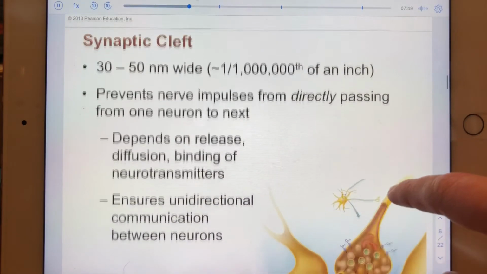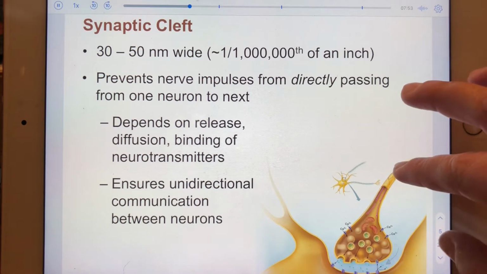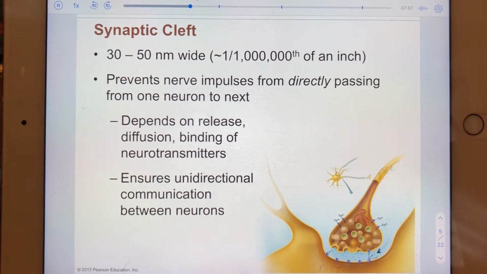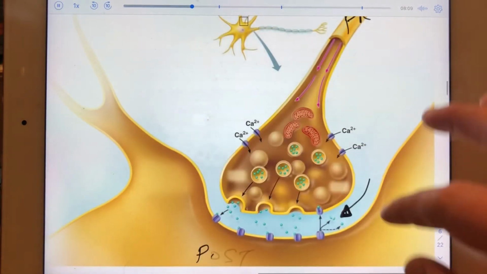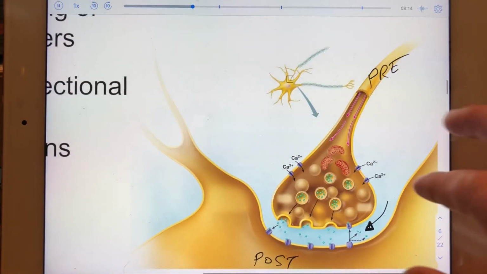Next slide, 6, the synaptic cleft. This space here is the synaptic cleft. Okay. That makes this our presynaptic neuron and this our postsynaptic neuron. Okay?